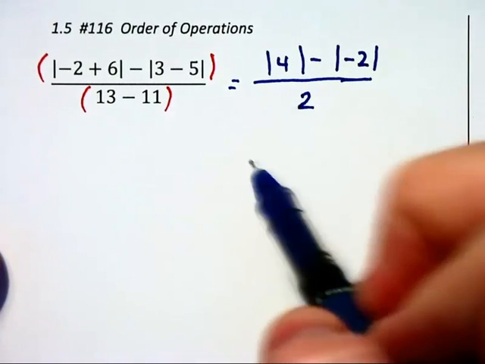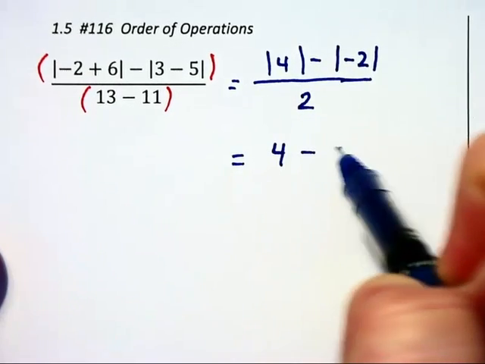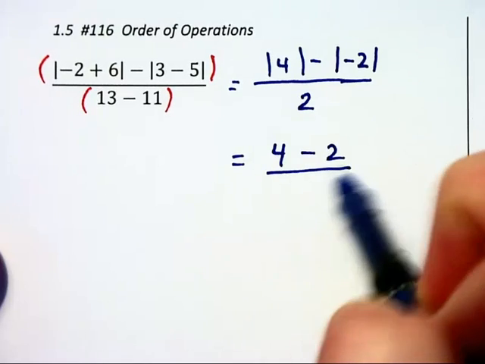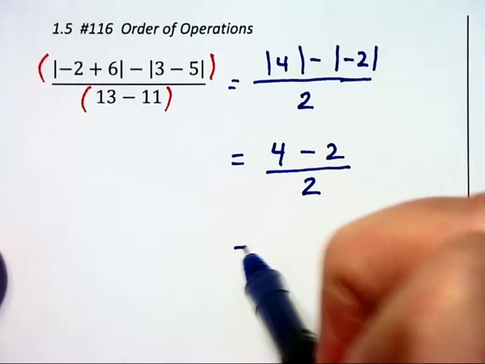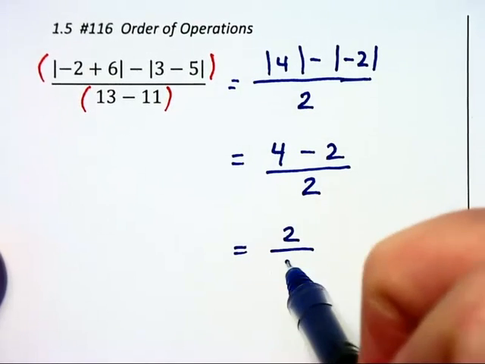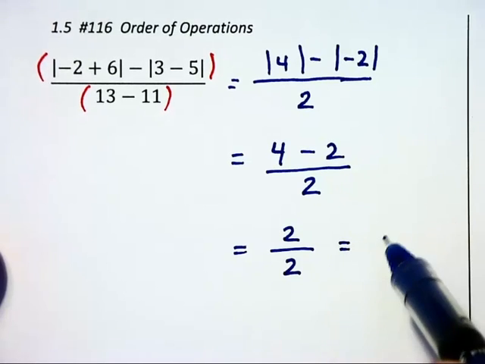Next, I'm going to take those absolute values, which will give me 4 minus 2 in the numerator over 2. Subtracting in the numerator is 2 over 2, and the value of this expression is equal to 1.